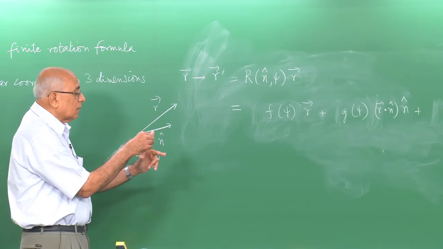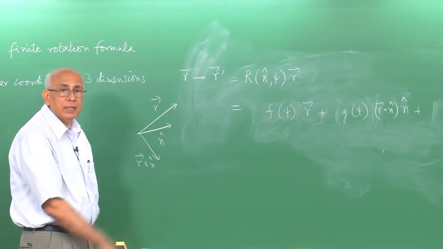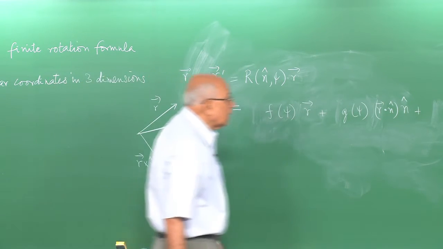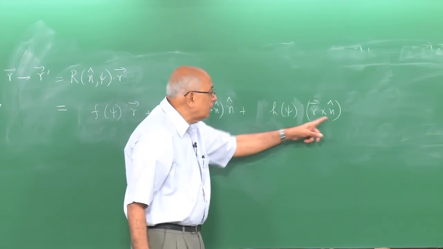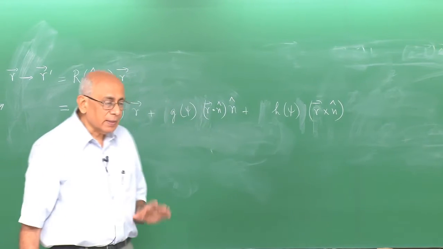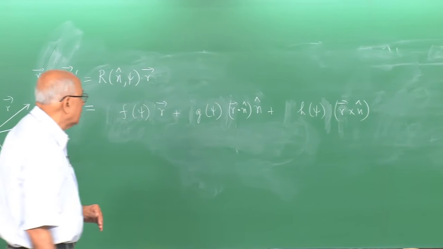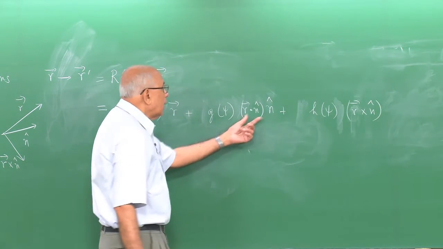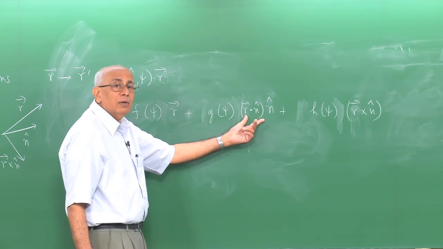Those points don't get changed at all. So r prime must be equal to r in that case. And what does that imply? Well, r cross n is 0 if r is parallel to n, because the sine of the angle between them vanishes. The angle vanishes. So this term goes away. R dot n is simply r itself.